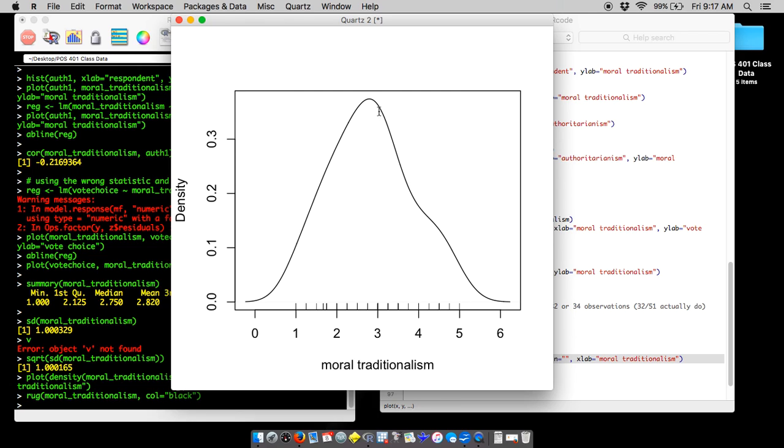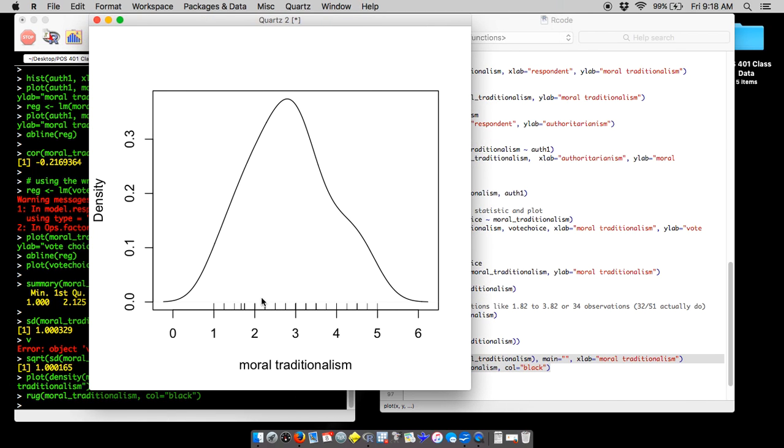And we can see that the bulk of the moral traditionalism scale items land just below 3, which is 2.82, what we get from the mean here. And what the standard deviation is telling us is that about 68% of all observations are going to lie between this value of 1.82, so something right here, to 3.82, right here.